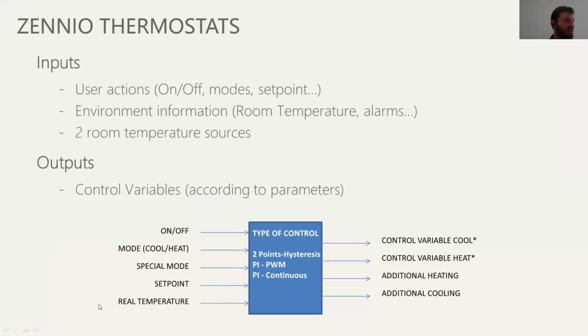And again, this can be from 2 different sources. So you will have 2 objects in the ETS, 1 for source A and 1 for source B, for every thermostat.